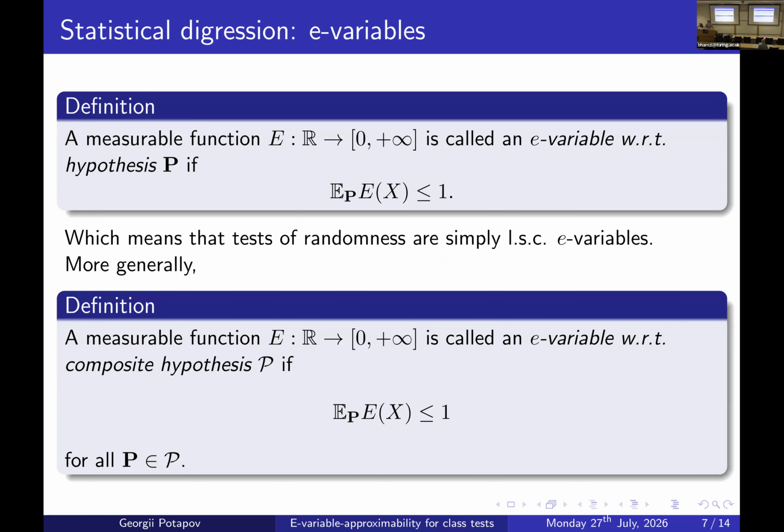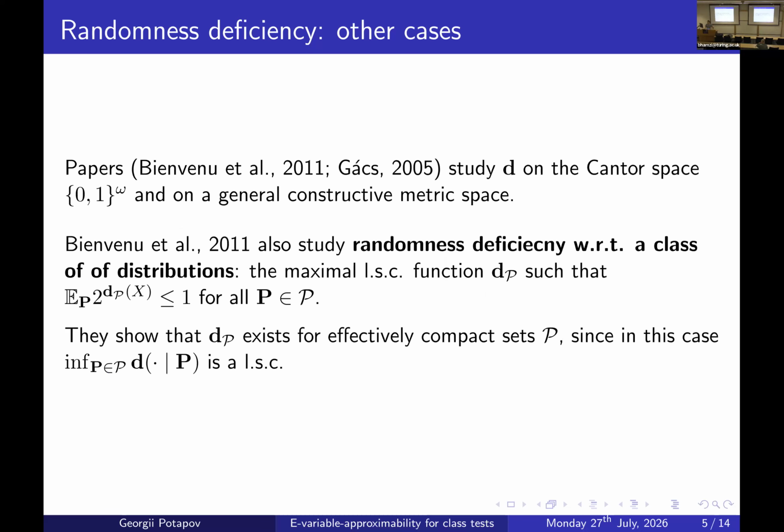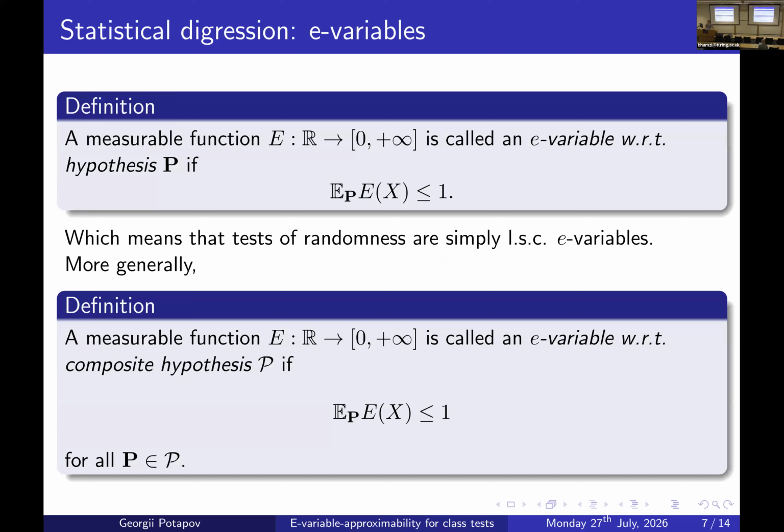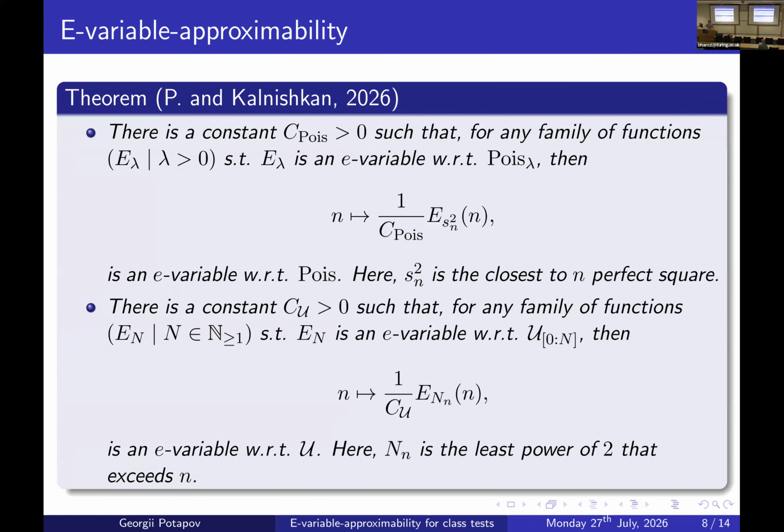Basically, statisticians looked at tests of randomness and decided that without the lower semi-computability requirement it would be a nice subfield of probability theory. So E-variables are essentially the same thing, but without any requirements on lower semi-computability.